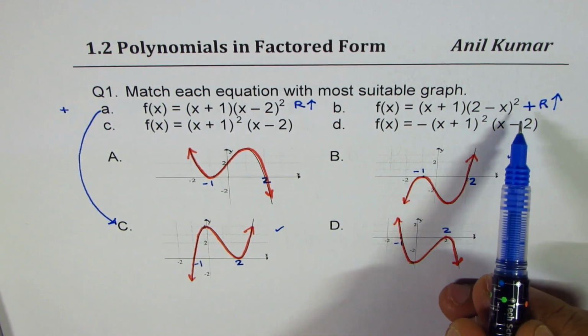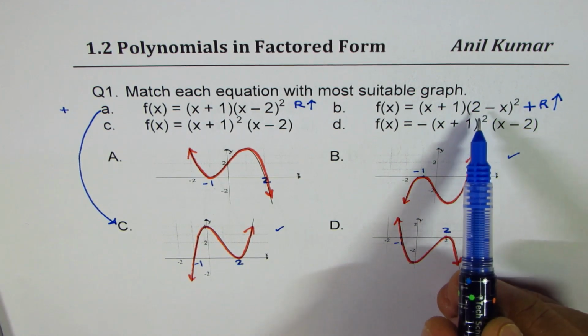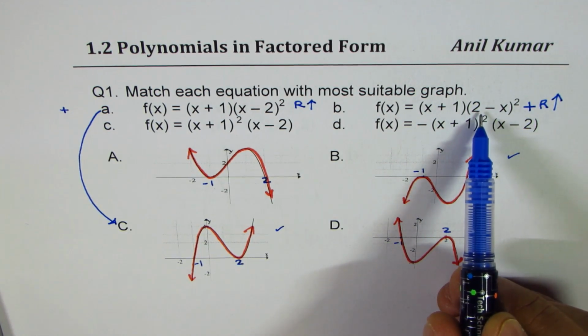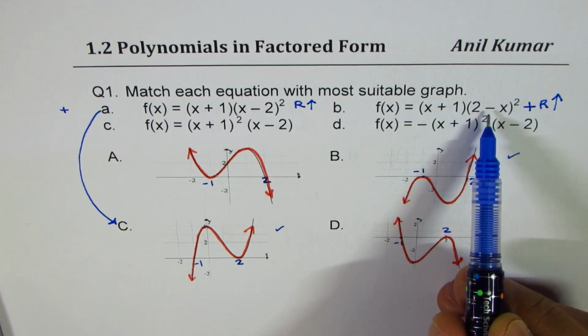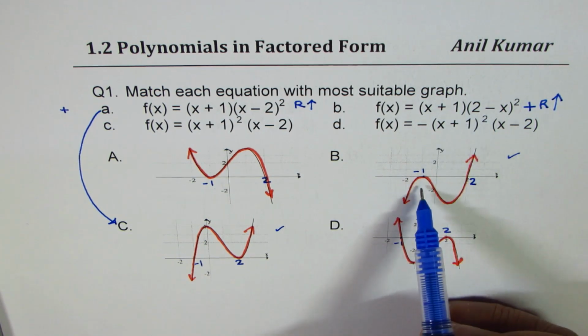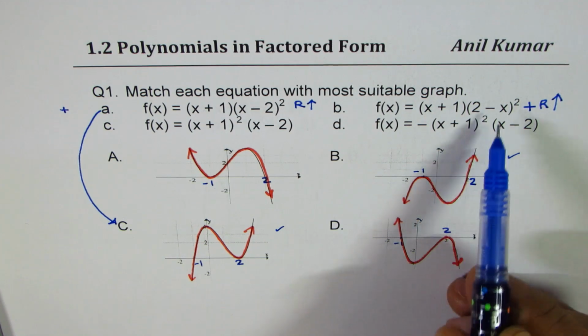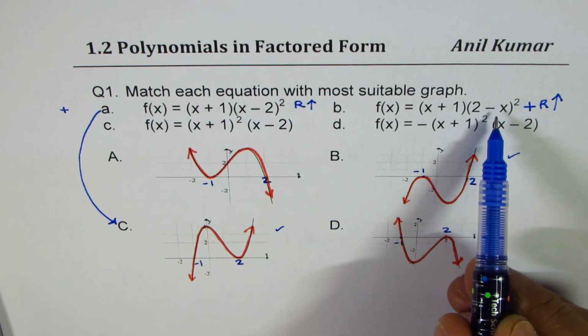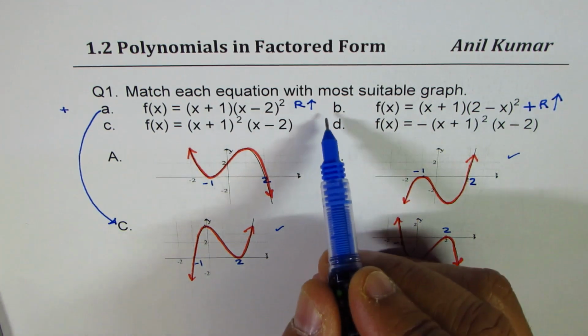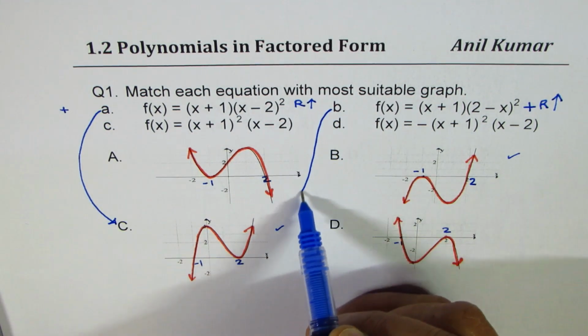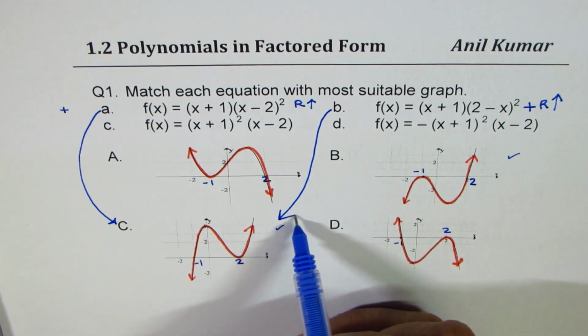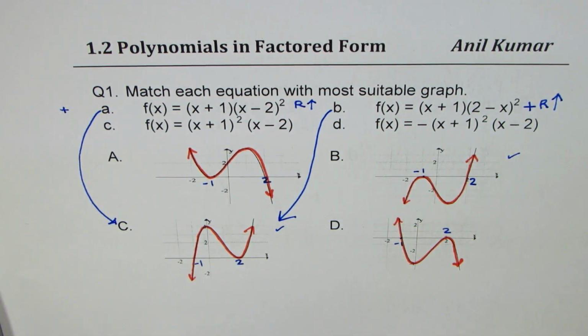In this case, the double zero is again at x equals 2, and x equals 1 is a single zero. So this also links to option C. So B also links to option C. It's kind of a trick question. I hope you understand and appreciate it.